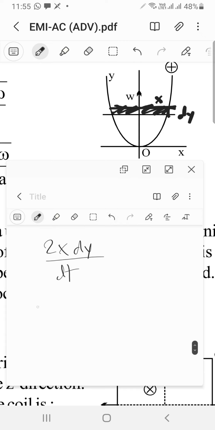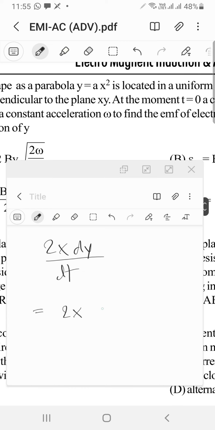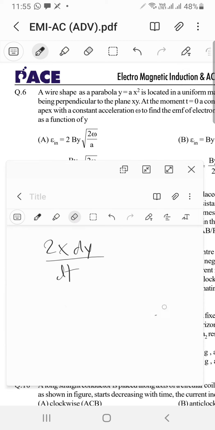But we know that y equal to ax squared, so that times 2ax times dx by dt. But we don't want it in terms of x, better to write it in terms of y. So x is going to be square root of y upon a, and then dy by dt. Dy by dt is just the velocity, call this velocity v, and since it's going with that acceleration, say it's omega t.